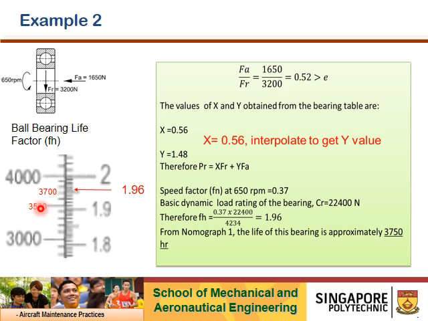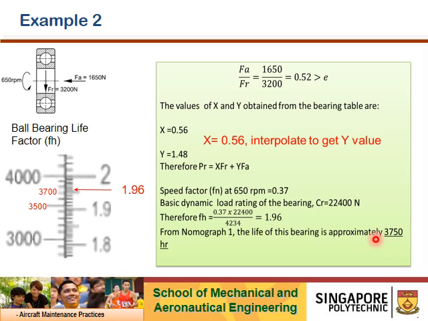You divide by half. If you look carefully, this half is 3,005, 3,006, 3,007. It's not exactly 3,007 because 3,007 is slightly below 1.95, and the next division is 3,008. So it falls in between 3,007 and 3,008. So the approximate value is 3,750 hours.